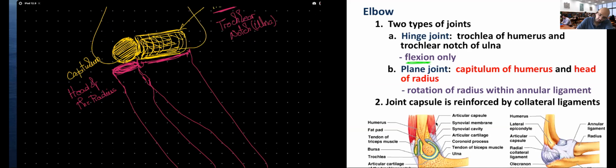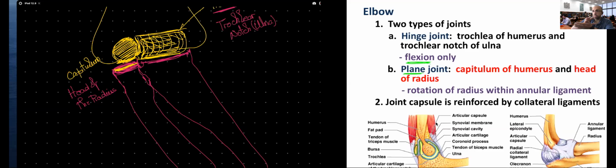Compared to that, you see here I have two almost flat surfaces between the head of the radius and the capitulum of the humerus. So we consider this a plane joint.